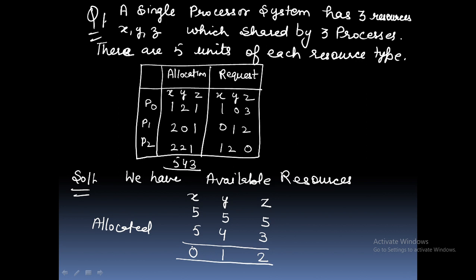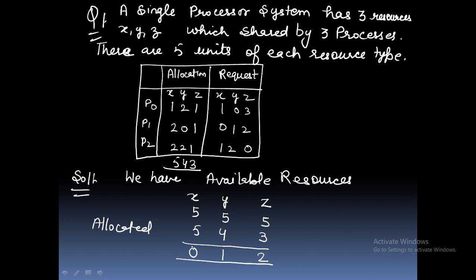Now, in step 1, you will find 0, 1, 2 is the available resources, and according to the question, it said there are 5 units of each resource type.